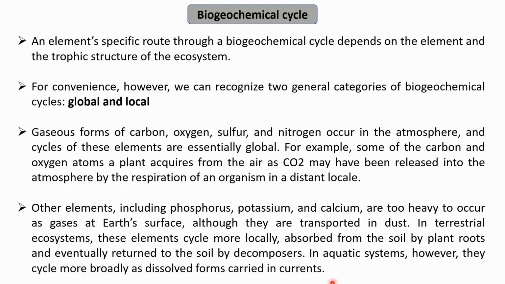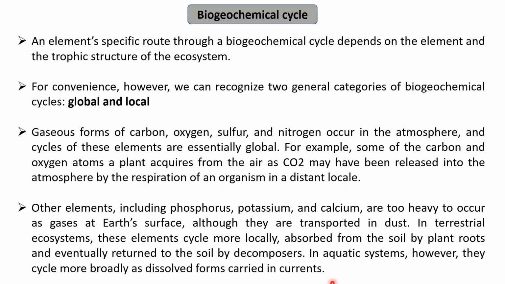But if I talk about the aquatic ecosystem, these nutrients are mostly present in dissolved form and are carried by the water currents. Since these nutrients are really heavy, they cannot be present in the form of gas.